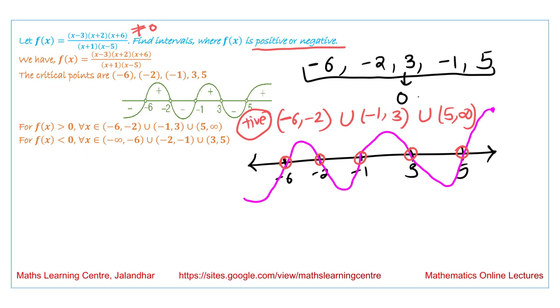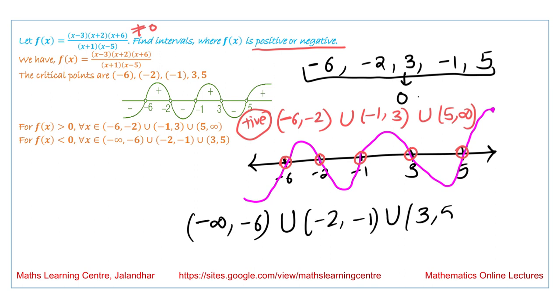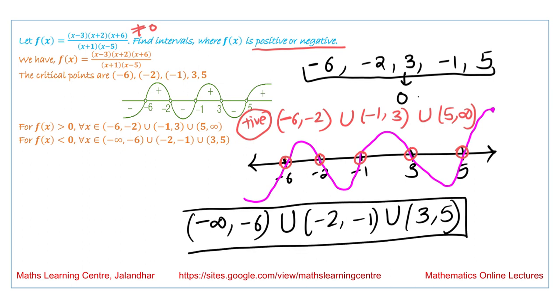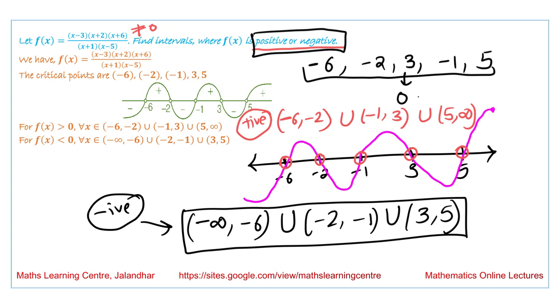And for -infinity to -6 union -2 to -1 union 3 to 5, the expression is negative. So this is what we have to calculate: the intervals for which f(x) is positive or negative.